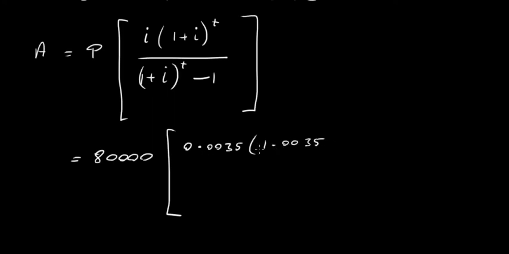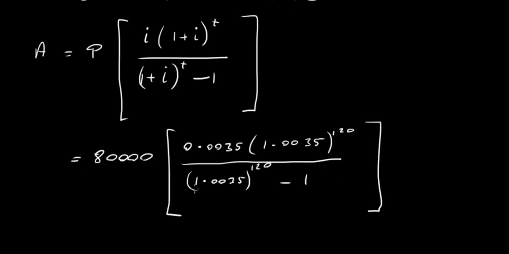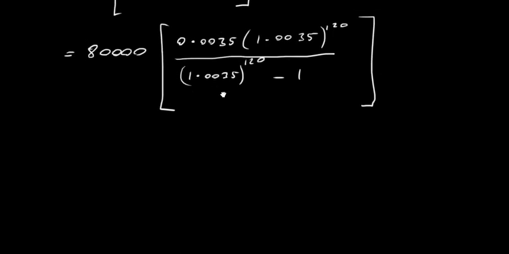To the power of T, well, it's 120 months, so we're going to raise to the power of 120. We've got 1.0035 here again, to the power of 120, and then finally we've got to subtract 1.